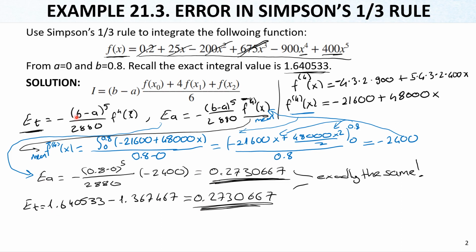You can also understand it from this one and this one actually, because h to the power 5, we have 5 here in the error, and this is a fifth order function. That's why we will get exactly the same result. But if we had a higher function order than this, maybe 6, then we were not going to get exactly the same result.